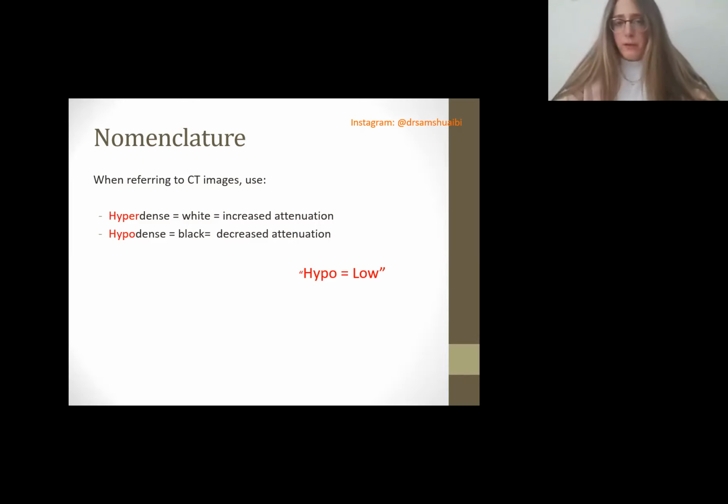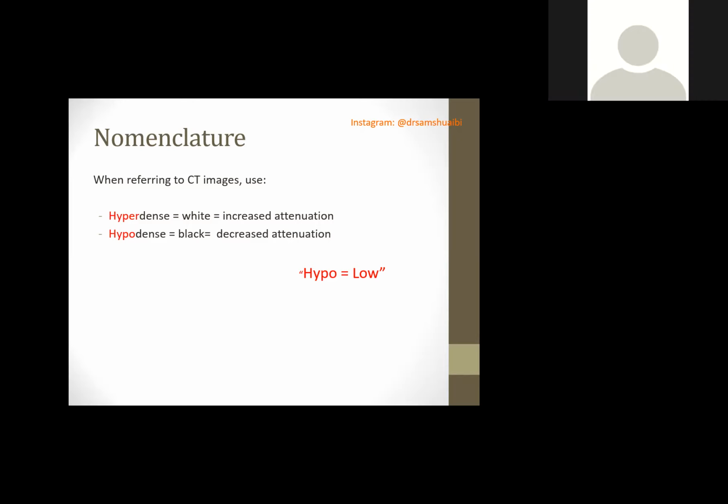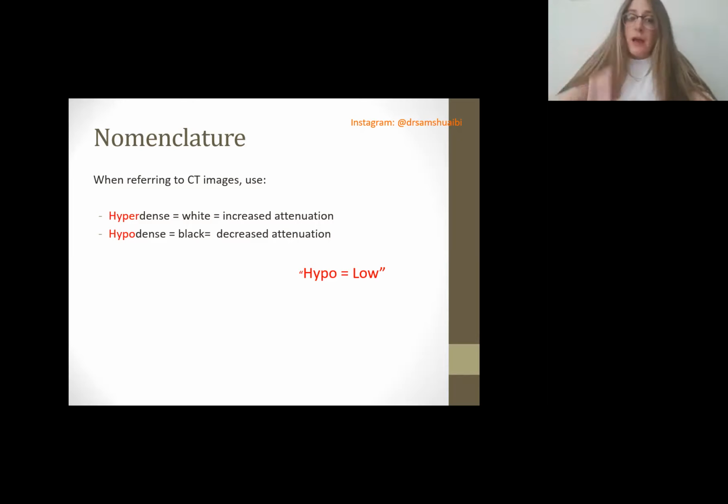I'll mention them briefly, but don't come out of my lecture not knowing, number one, CT is radiation. Number two, we describe it with density. Hyper means white. Hypo means black. Hypo, low, so decreased, low attenuation. And always use density. I see a hyperdense lesion in the right frontal lobe, for example. Perfect. Your mentor, whichever country you're rotating in, will be very proud.